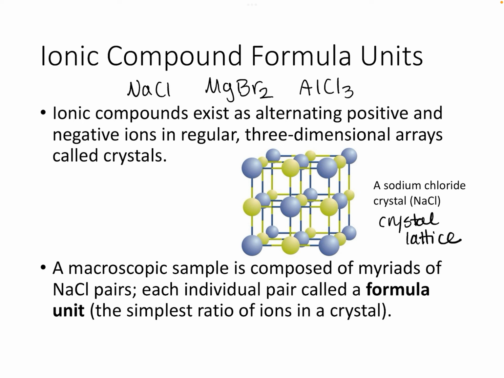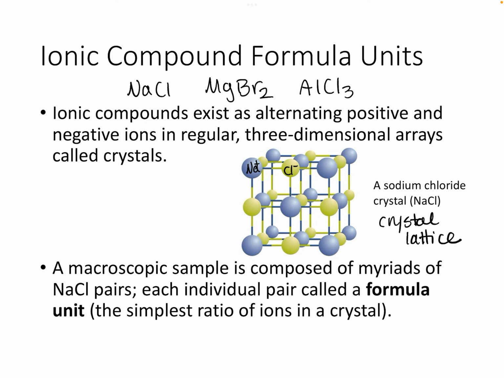So sodium chloride has a more simple crystal lattice since there's just a 1-to-1 ratio of sodium ions and chloride ions. You'll notice here in this picture we have alternating blue and green ions. The blue ions are sodium, the green are chloride ions.